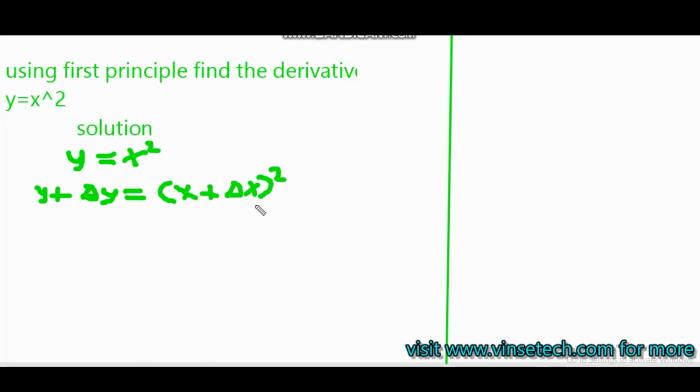So the next thing we have to do is expand the brackets. Expanding the brackets, we have y plus change in y, then expanding this bracket, we have x plus delta x, you close the bracket, you open another bracket, x plus delta x.